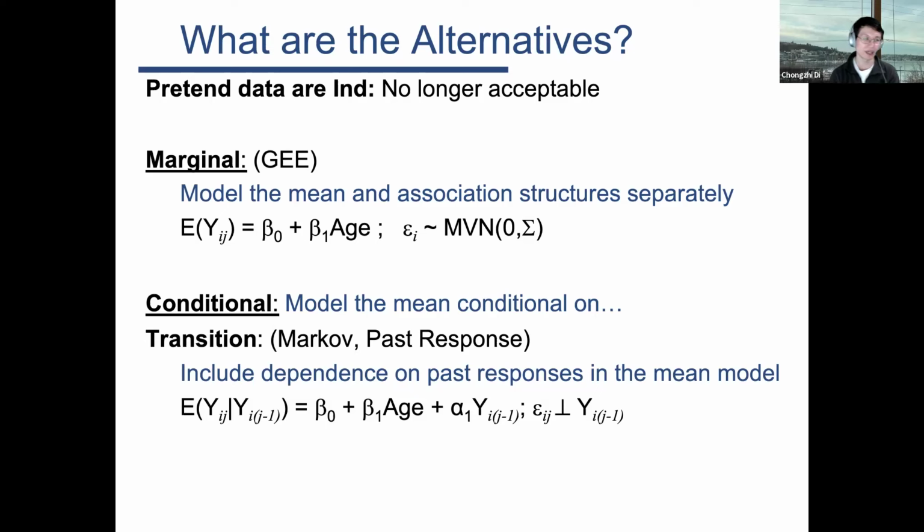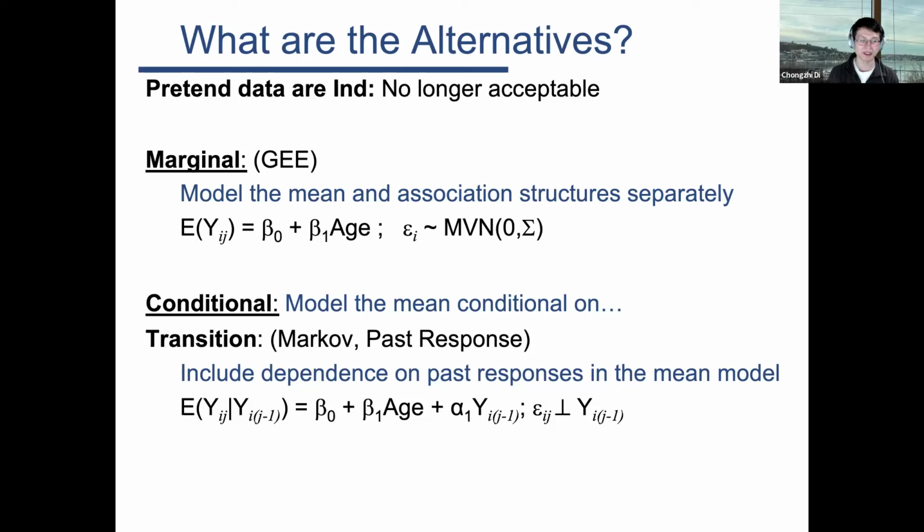The other model is the marginal model with GEE, which, if you attended the previous workshops, we focused on. So I'm not going to talk too much about GEE today. Then there are also other types of conditional models. Today the random effects approach assumes there are underlying unobservable random effects causing the correlation between different visits. But there's another type of model called transition models, where you build dependence of the current response on the past responses.